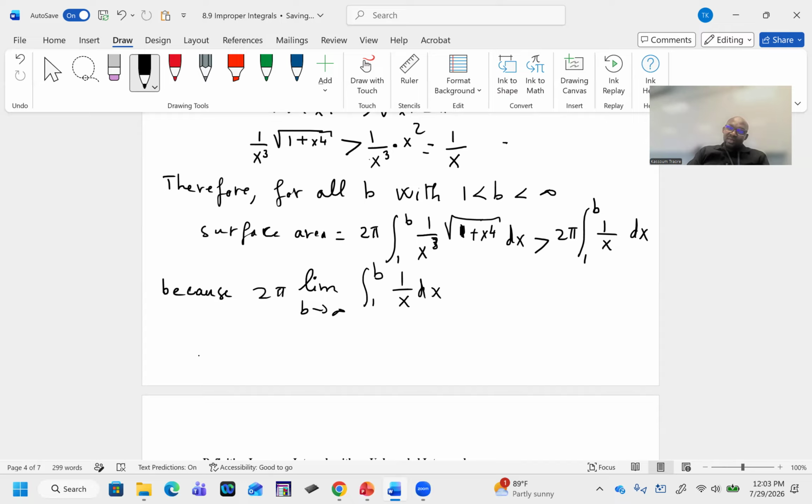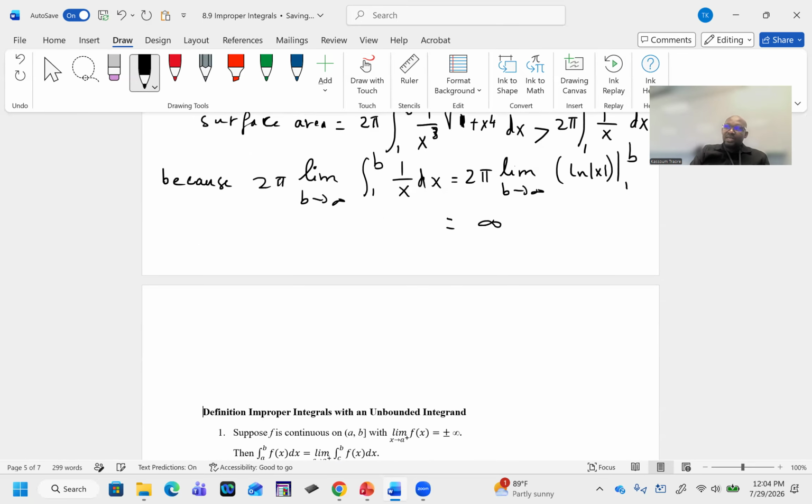Because this one will give me basically 2 pi, the limit as b goes to infinity, ln of absolute value of x from 1 to b. So we know this one will give me infinity, because if it would give me ln of b, ln of infinity is infinity, right? So this is infinity.